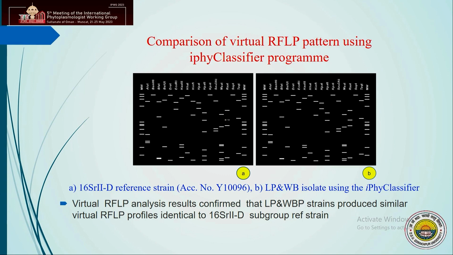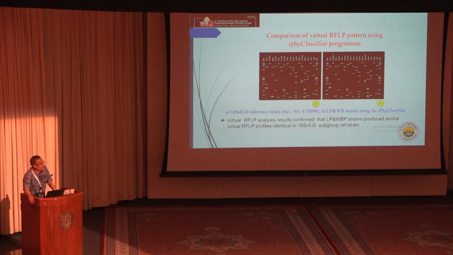That confirmed that the Luffa isolate with phyllody and witches' broom in the present study belongs to the 16SR II-D group. And as I told you, this particular group has already been reported in a number of other vegetables, ornamentals, and other seasonal crops.